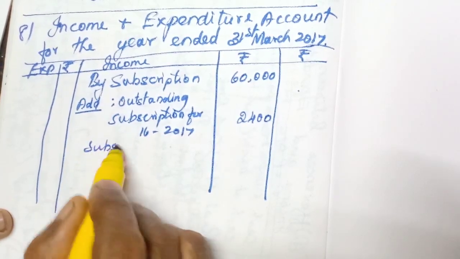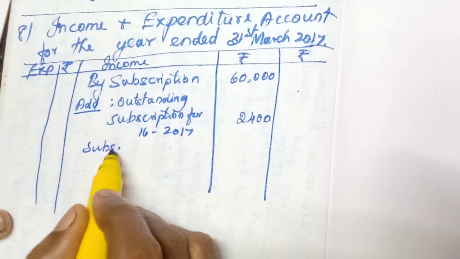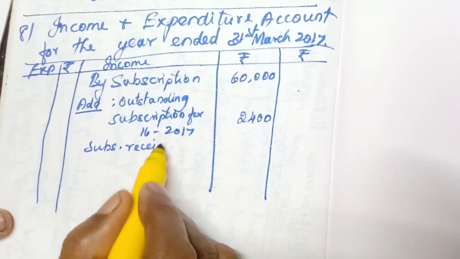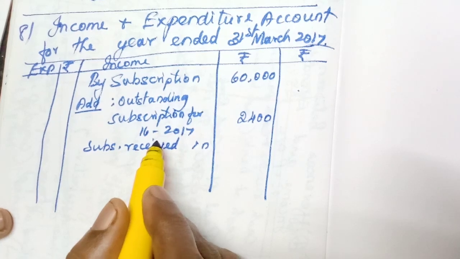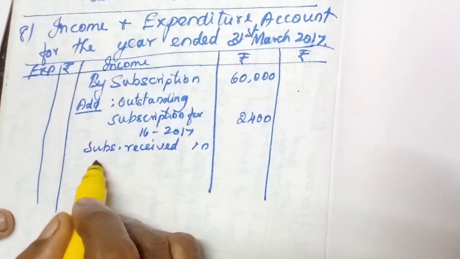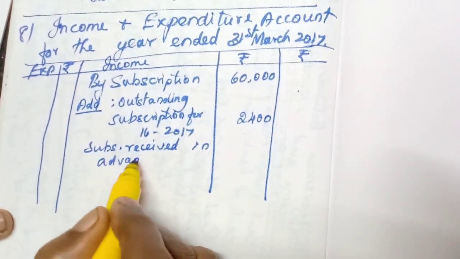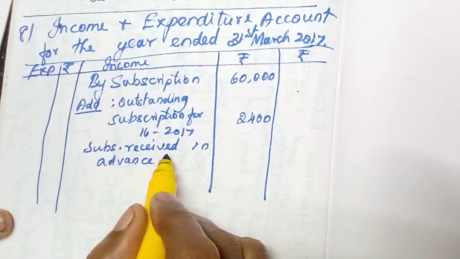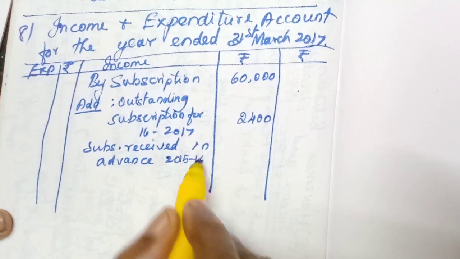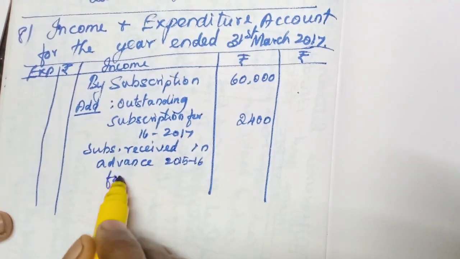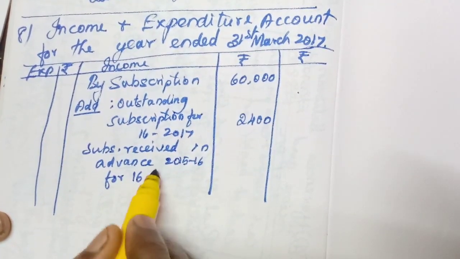Adjustments. Then again subscription received in advance. Which year? 2015-16 for 16-17.